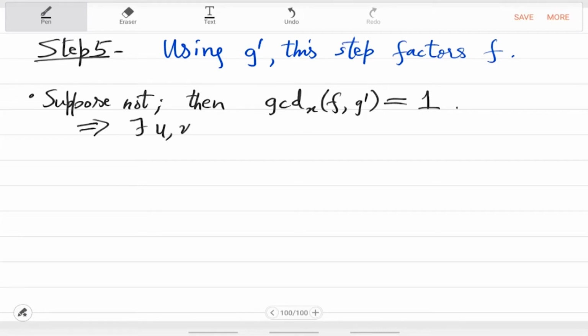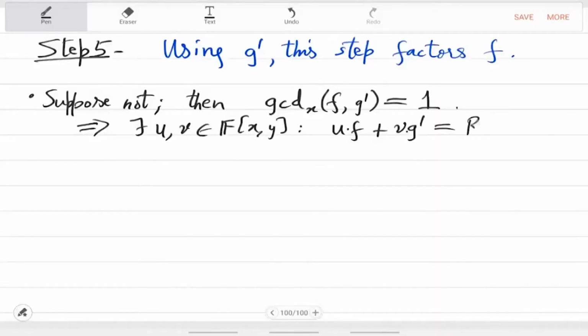there exists, so now use kind of this generalized Bezout identity. So there will be polynomials u, v such that uf plus vg prime is equal to what? Yeah, in univariate it would have been 1, but in bivariate it is the resultant. So you are giving importance to the x variable.